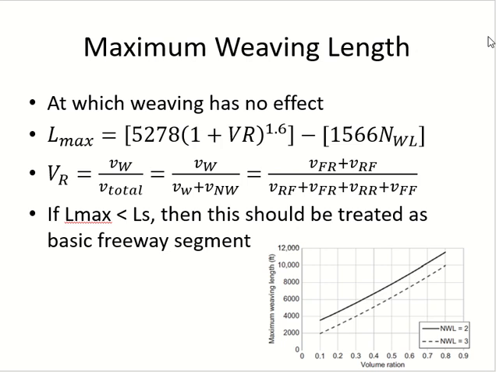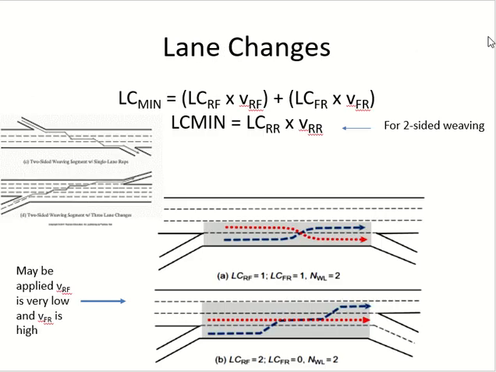Now, what is the weaving volume? Weaving volume means people who are doing what? Changing lanes. They are required to change the lanes. So, in this case, one-sided weaving, right? People who are going from freeway to ramp, they have to make the change.